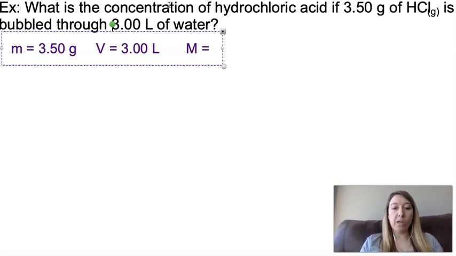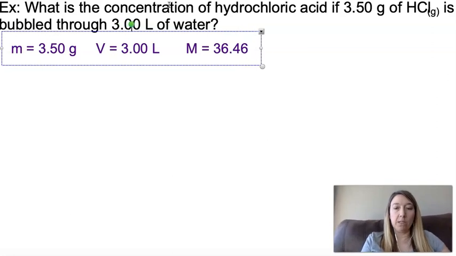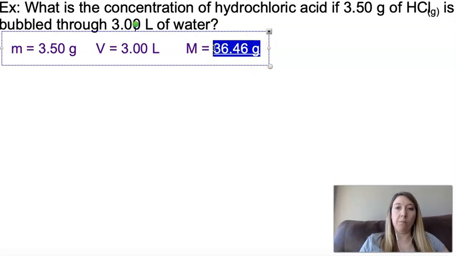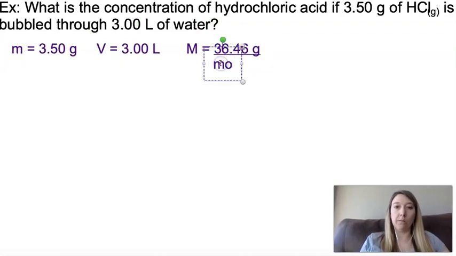So we have hydrogen, which is 1.01, and then we have the chlorine, which is 35.45. That gives us a molar mass of 36.46 grams, and that is going to be per mole.